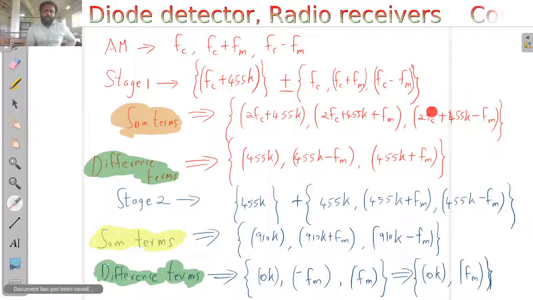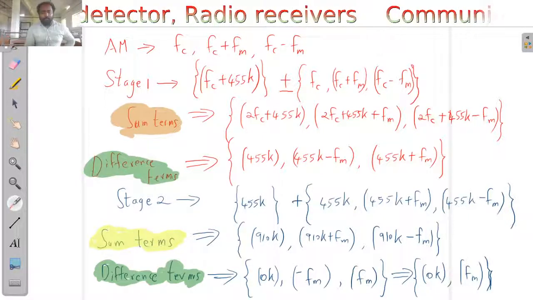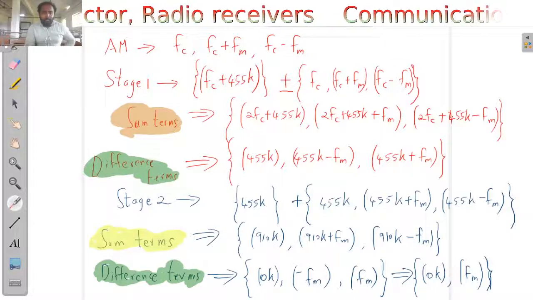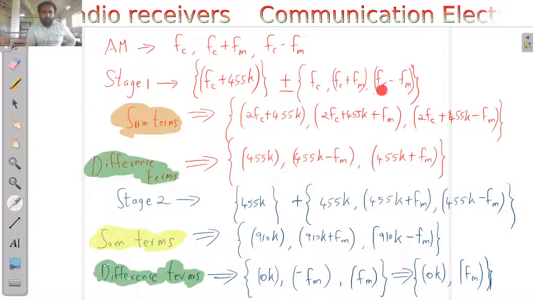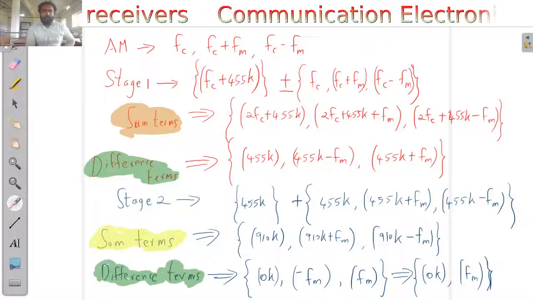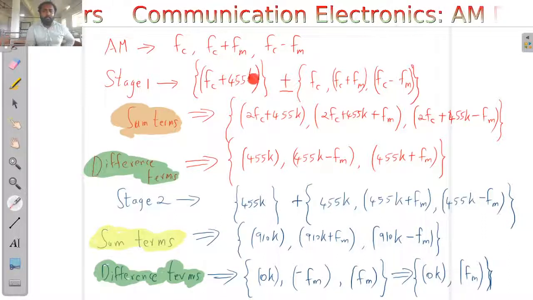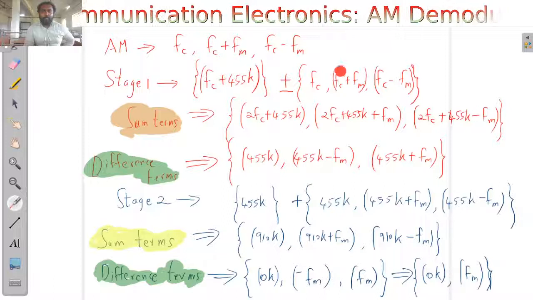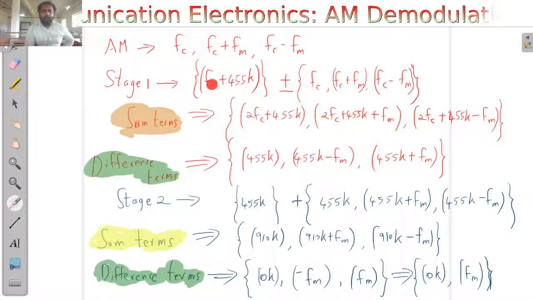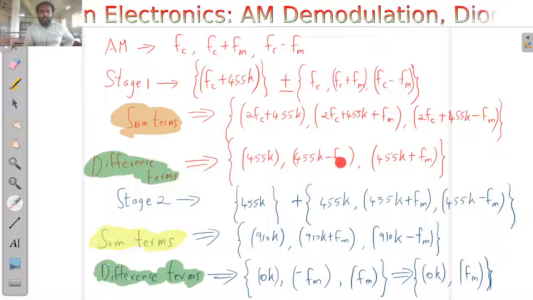So we will be filtering out the entire sum terms, and we will be keeping only the difference terms. What are the difference terms? Difference terms are obtained by subtracting these things from Fc plus 455K. When you subtract Fc from Fc plus 455K, you get 455K. Similarly, when you subtract Fc plus Fm from Fc plus 455K, you get 455K minus Fm.